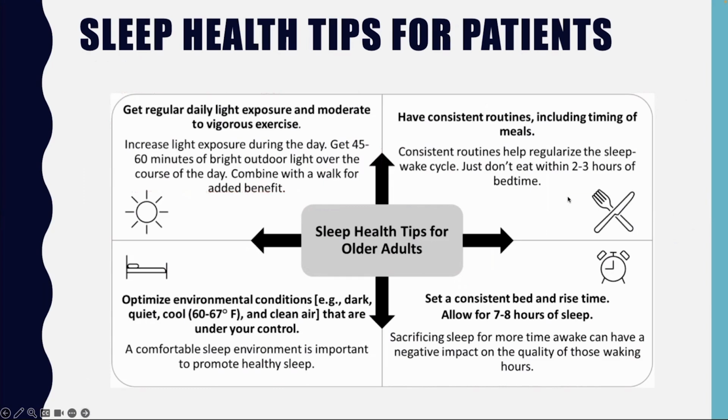It's also very important to have consistent routines during the daytime, including timing of meals. Setting a consistent bedtime and rise time and allowing for 7 to 8 hours of sleep can really help regulate your sleep schedule, and optimizing the environmental conditions where you sleep can help you optimize your sleep.